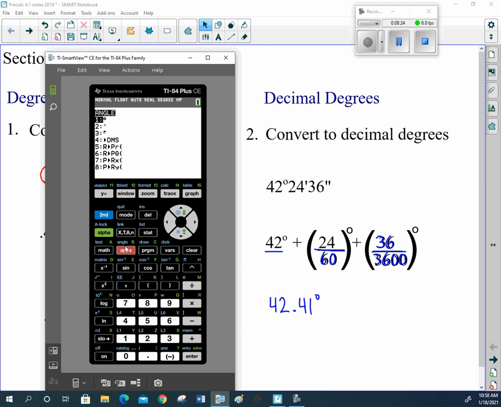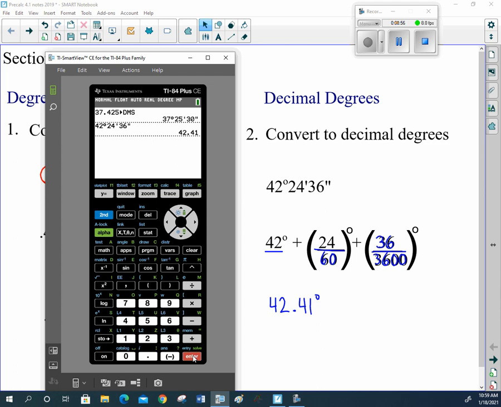To find that seconds symbol, you have to look above the plus sign, and it's green, so you're going to go alpha and then the plus sign. There we go, there's our seconds symbol, and then hit enter. And there you go, 42.41 degrees.